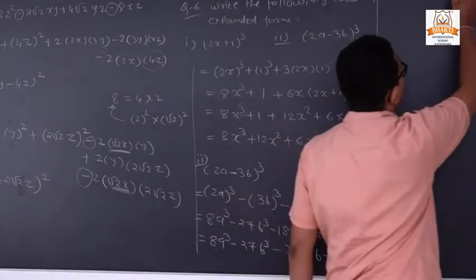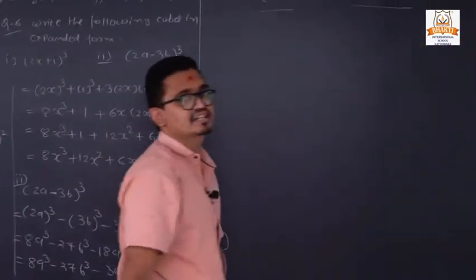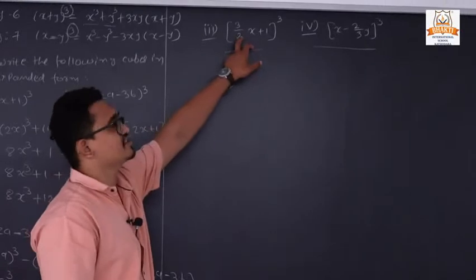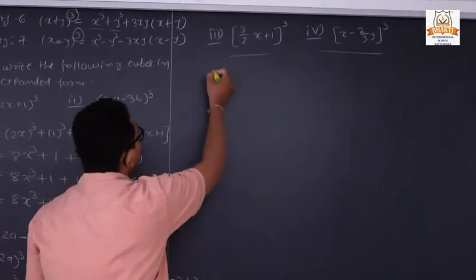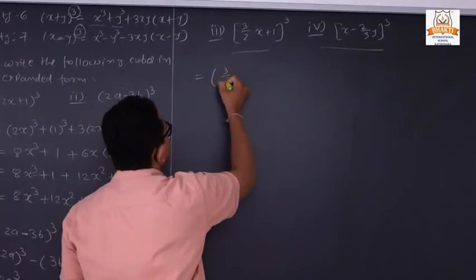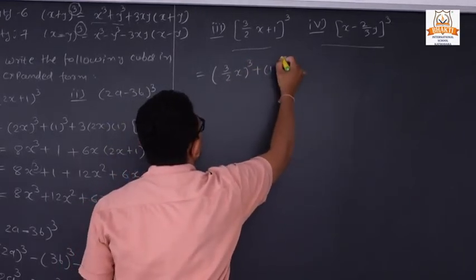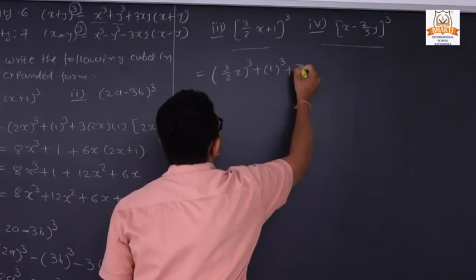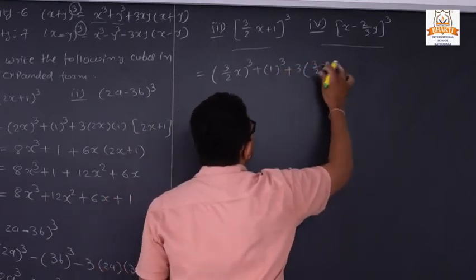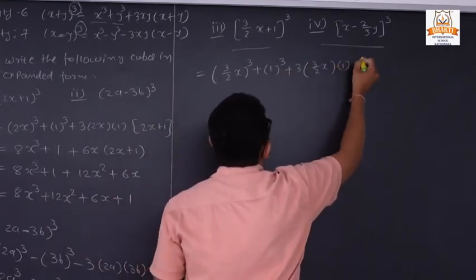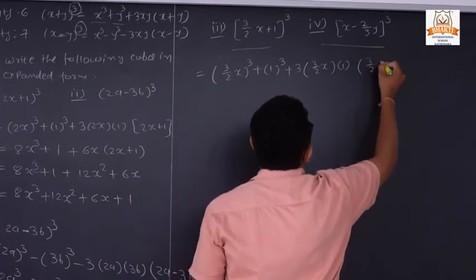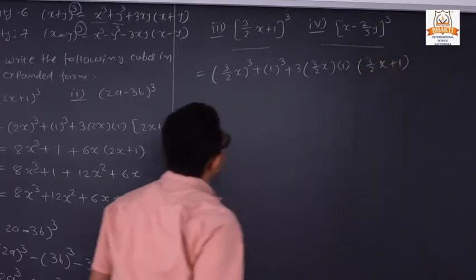Now see third and fourth. It is the same as our first and second, but here we have fraction values. So once again a cube, b cube, plus 3 into ab in bracket a plus b.